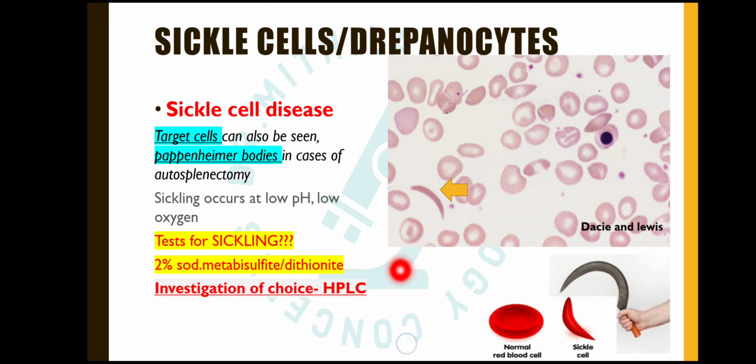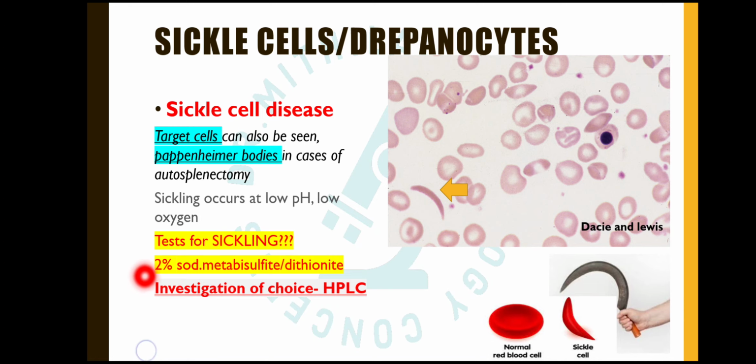We seal the cover slip with the help of nail paint or some adhesive, and this creates a condition of decreased oxygen in that area. When we seal that cover slip, there is decreased oxygen within that blood drop. After that we observe it under the microscope and we will see that there is increased sickling. So this is known as the test for sickling, and these chemicals are very important.